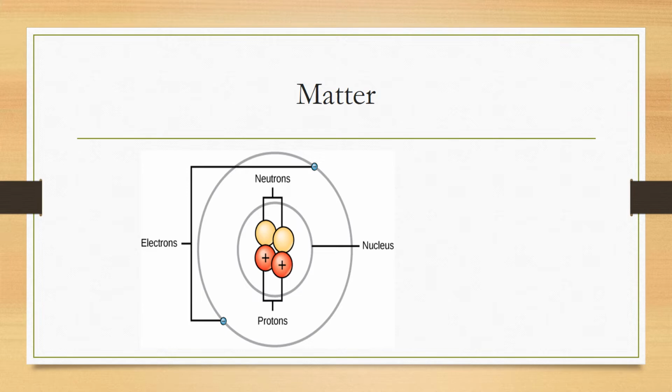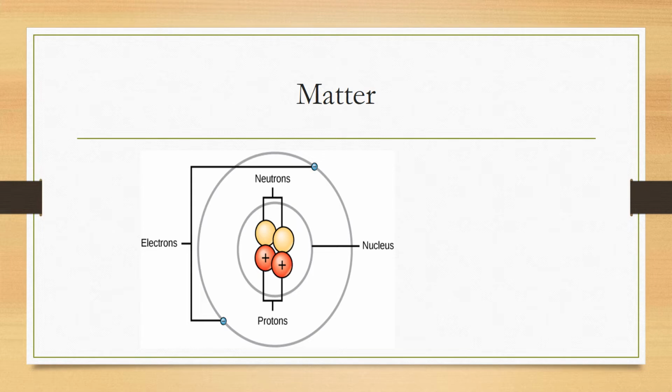An atom has the nucleus, and inside of our nucleus we have what we call neutrons and protons. We have shells on our atom, and these shells contain electrons. Electrons, we find them in shells.